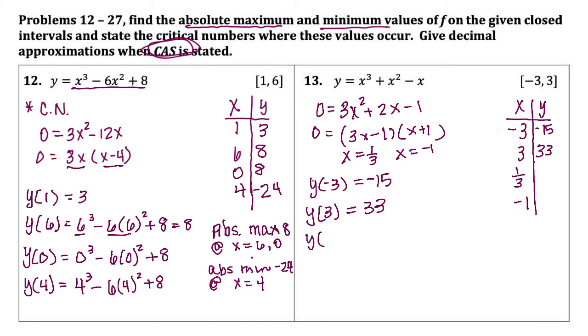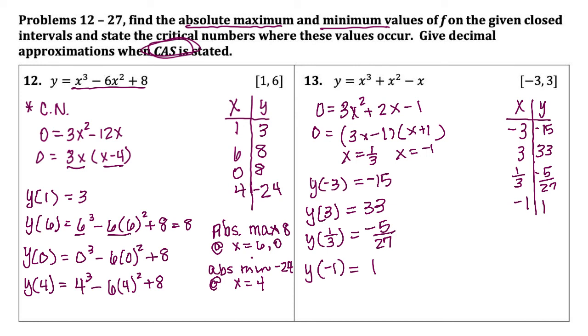Find y at 1/3. Y at 1/3 is going to give you negative 5/27. But that's a min. And then we're going to find y at negative 1. Y at negative 1 is positive 1. So again, you can do all of those on your calculator, save you some time. And so 1/3 was negative 5/27, and negative 1 was 1.